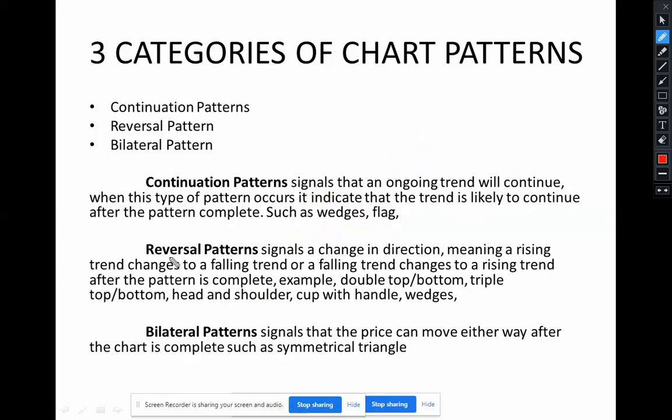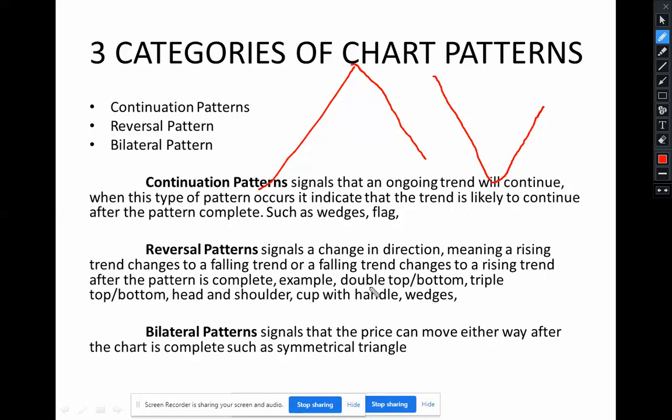Then the second one is the reversal pattern. A reversal pattern signals a change in direction, which means the market is moving up and this pattern forms at the top, signaling that the trend will change. Or the market is moving down and the signal occurs at the bottom, signaling that the price will change to the upside. So a rising trend changes to a falling trend, or a falling trend changes to a rising trend after the pattern is complete.